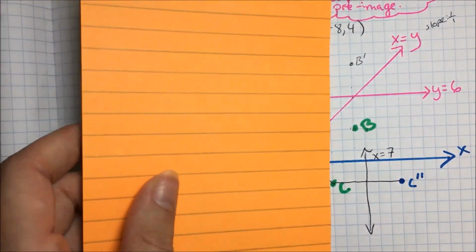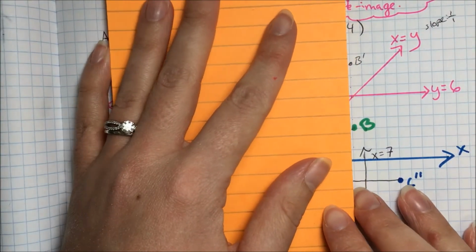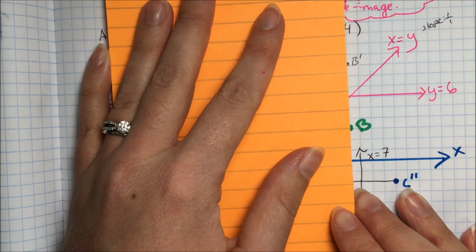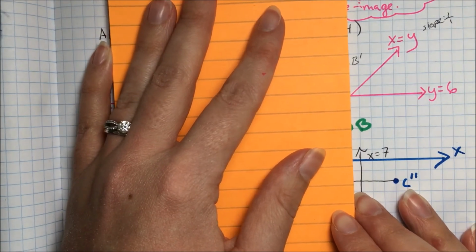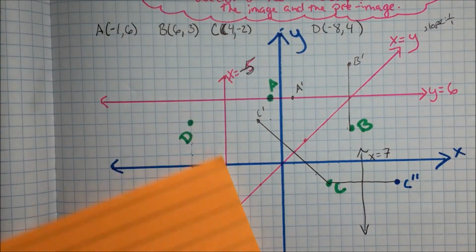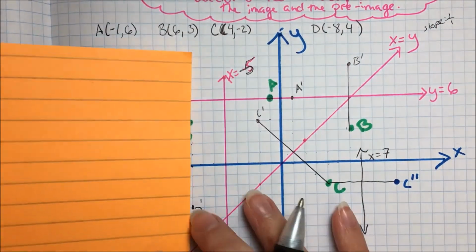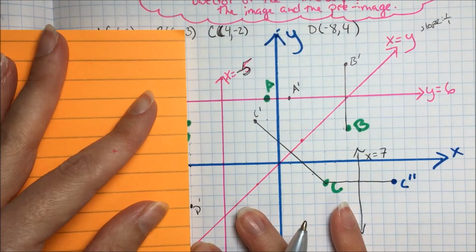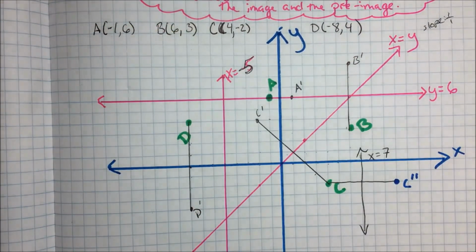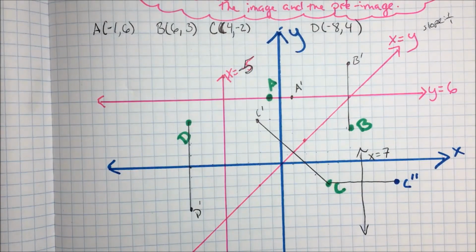If I were to draw from B to B prime, is y equals 6 the perpendicular bisector of that segment? It does appear to be that. And if I were to draw from D to D prime, is the x-axis the perpendicular bisector of that segment? It also appears to be that way.